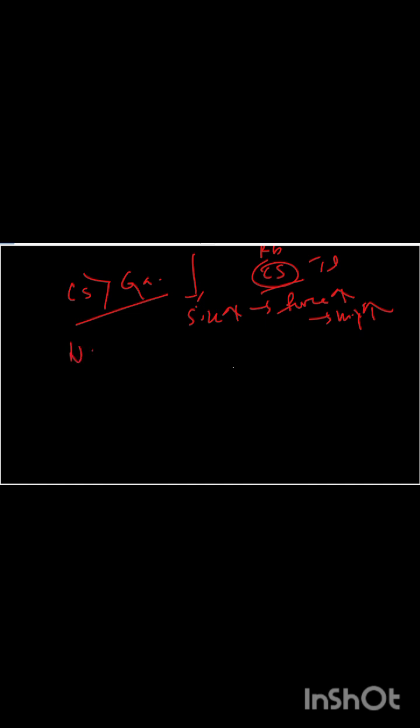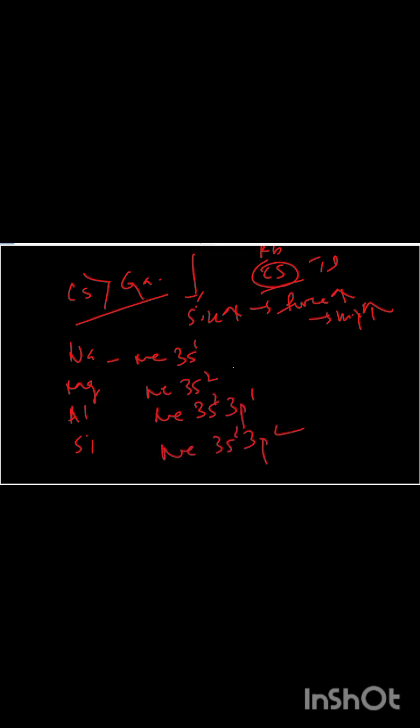So we have sodium, magnesium, aluminum and silicon: neon 3s1, neon 3s2, neon 3s2 3p1, neon 3s2 3p2. So ionization of sodium must be the least, and ionization of aluminum should also be less than magnesium.